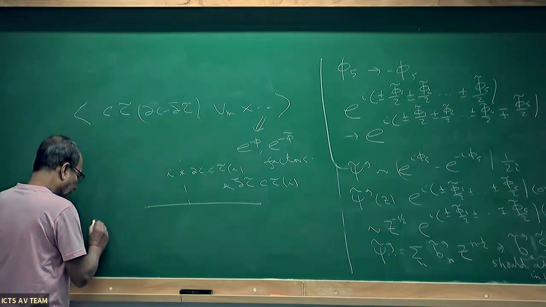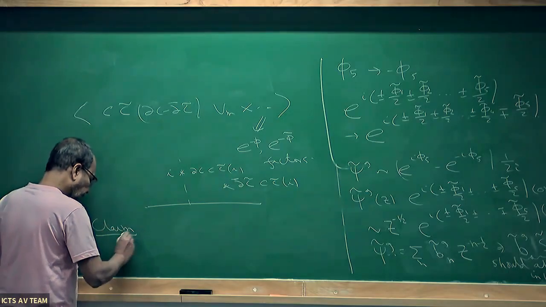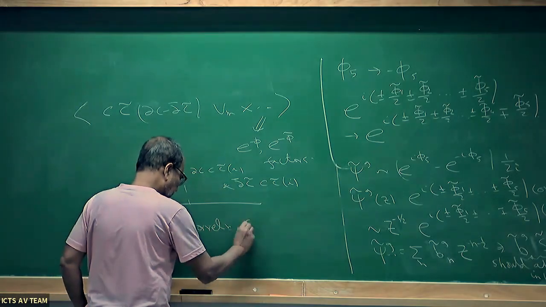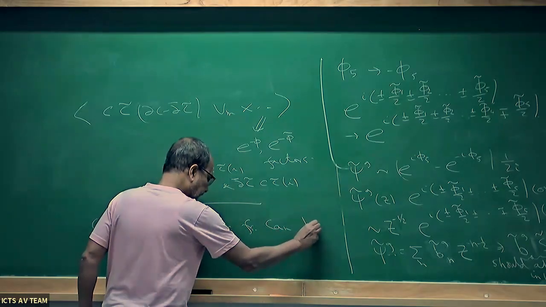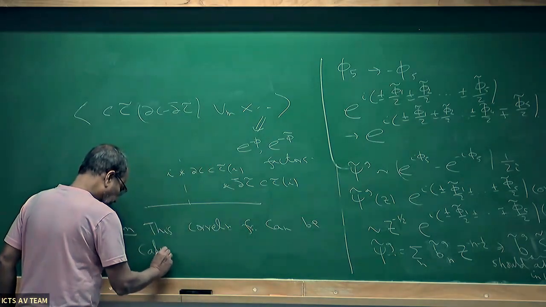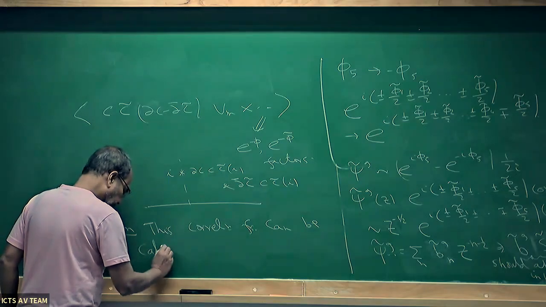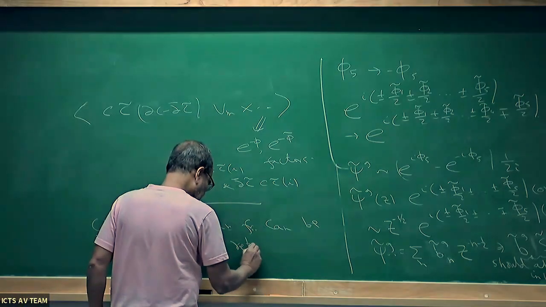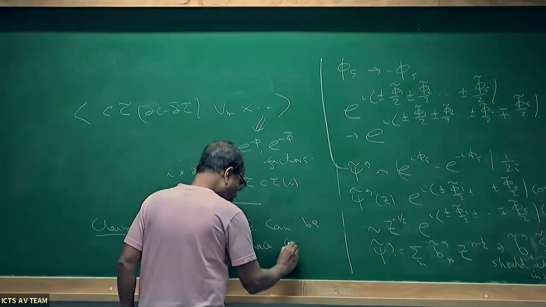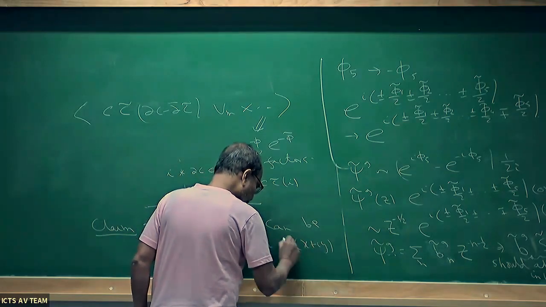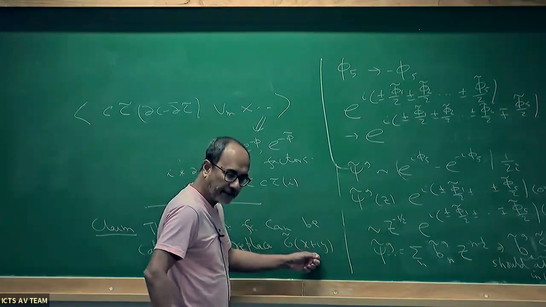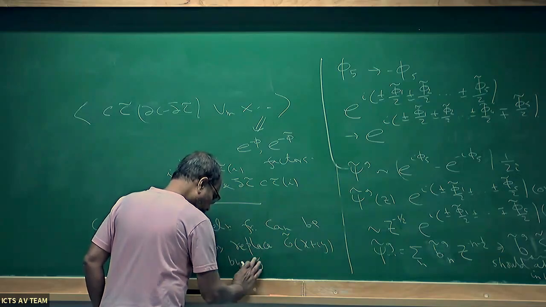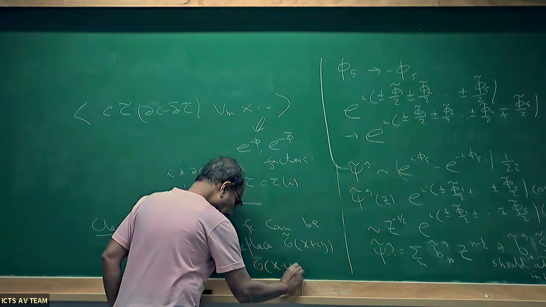Okay. So claim that this correlation function can be calculated by replacing some O tilde, a non-holomorphic object placed at x plus iy, by O at x minus iy.